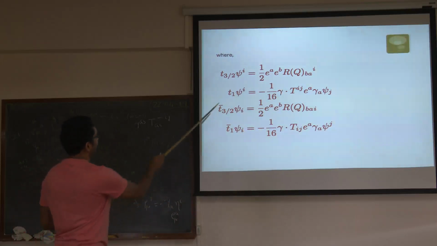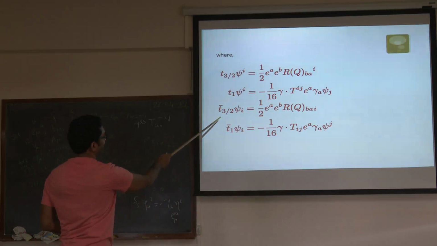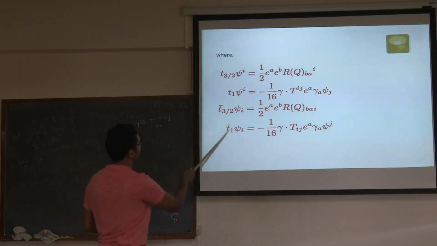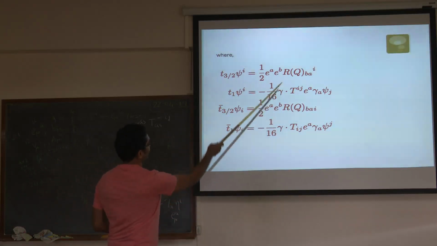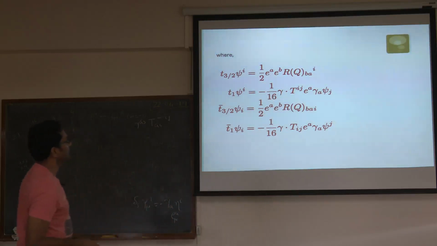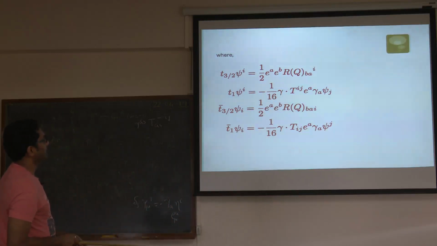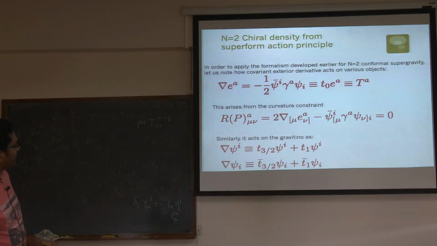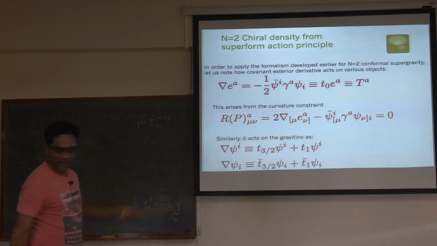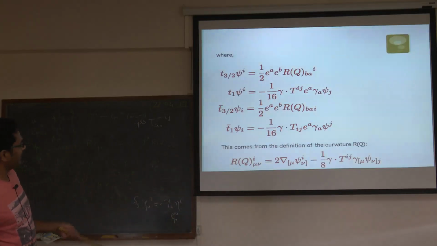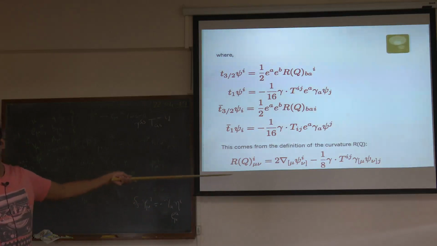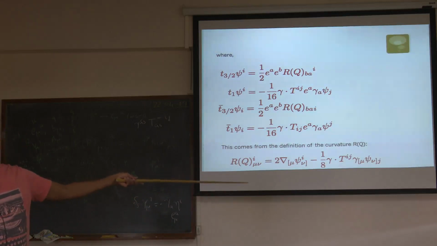That is how T_1 acts on psi^I, and similarly T bar is the Hermitian conjugate of this, and this basically comes from the definition of the curvature of ordinary supersymmetry.